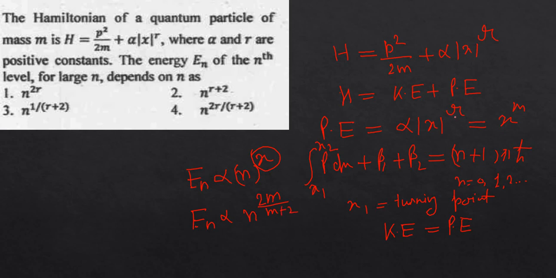So here potential energy is proportional to x to the power r. So here your nth energy will be proportional to n to the power 2r upon r plus 2. Okay, so the answer will be 4. And if you want to make a good command, then use this method.